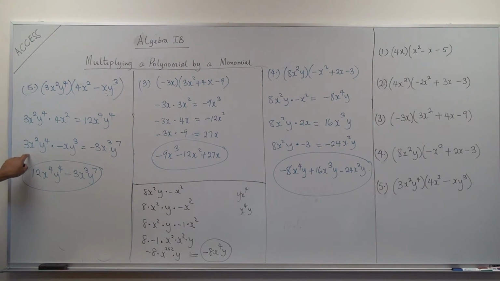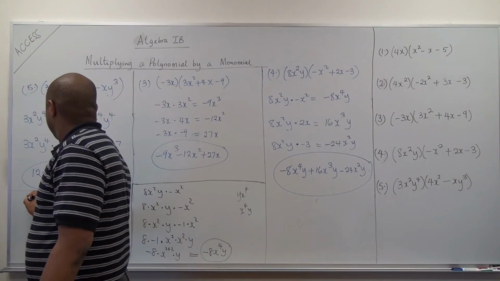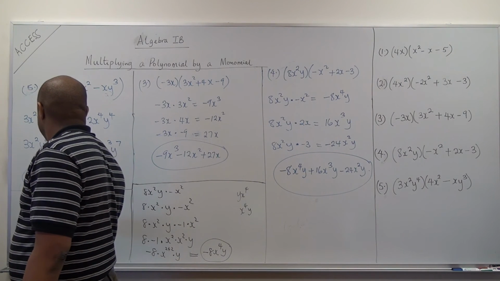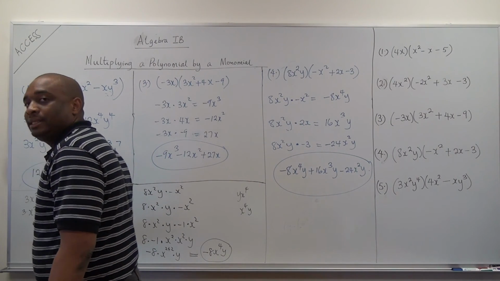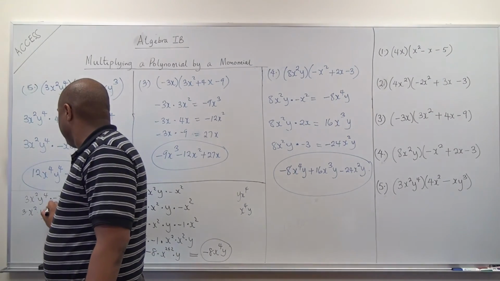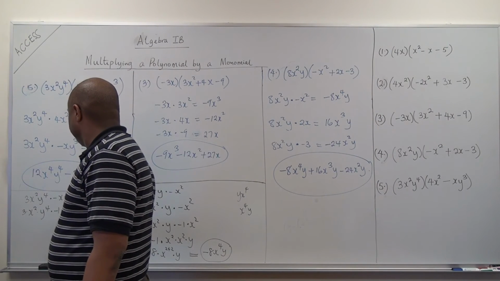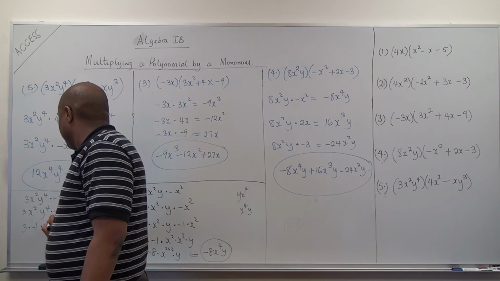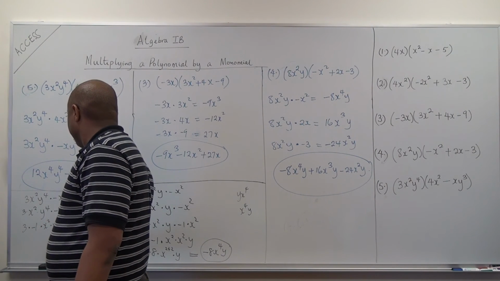Now let me explain this second one in case you feel confused. When you have 3x squared y⁴ times negative xy cubed, this is 3 times x squared times y⁴ times negative 1 times x times y cubed. And this is 3 times negative 1 times x squared times x times y⁴ times y cubed.